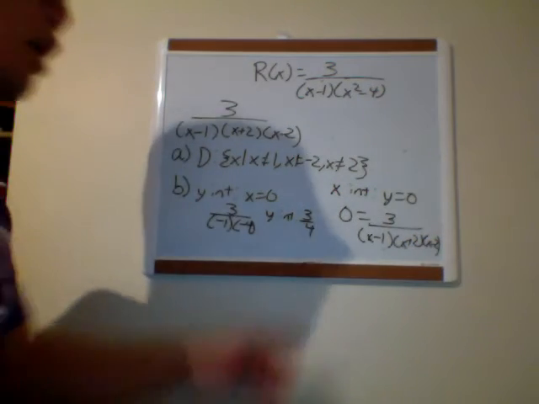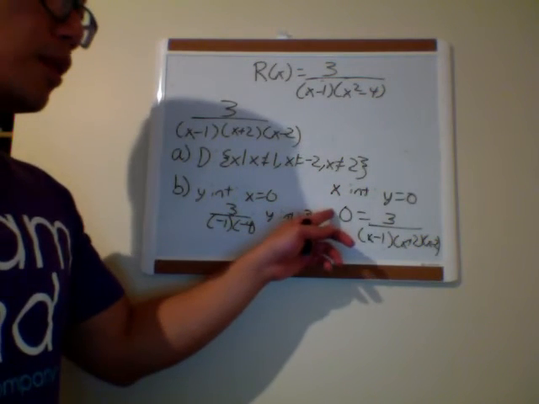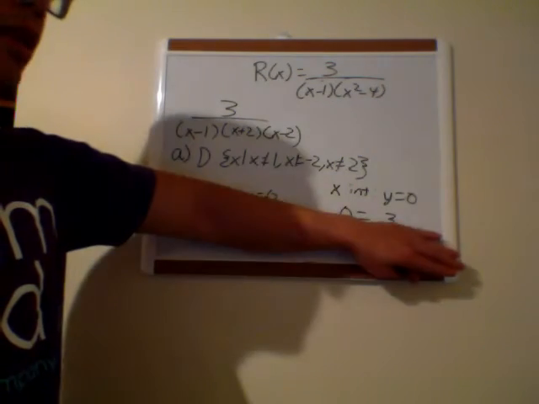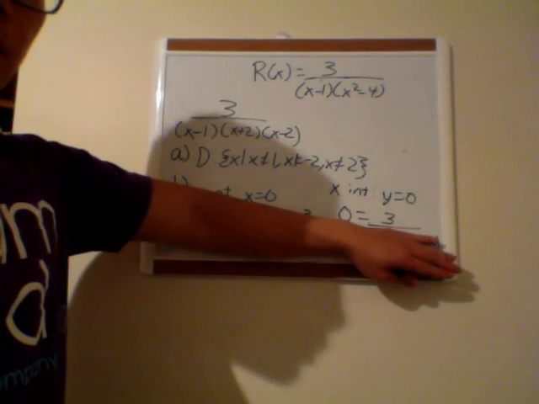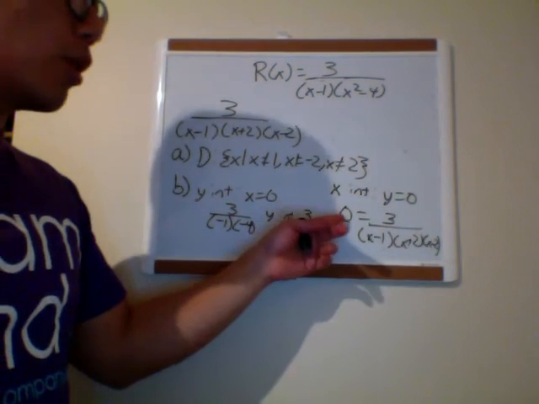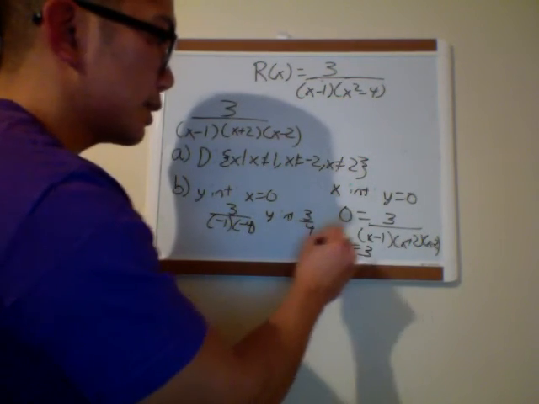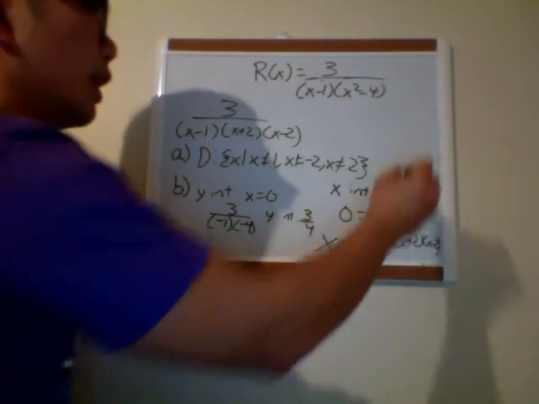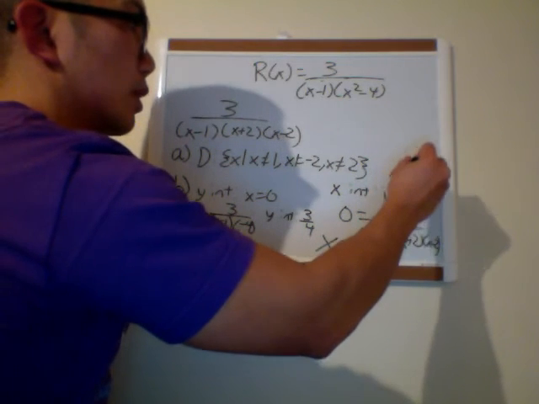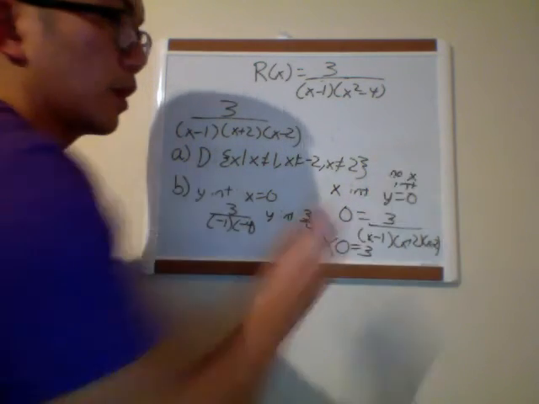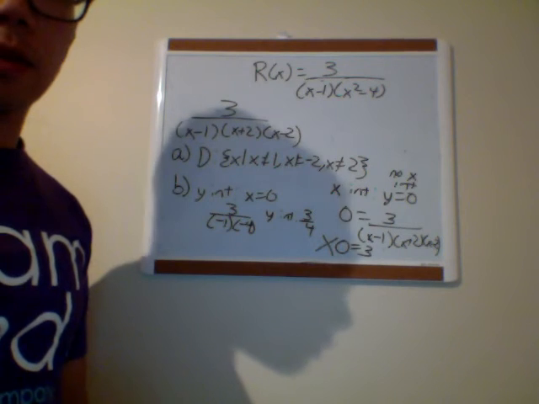Now, however, to find when y is 0, we could just eliminate the denominator, and we'll get 0 is equal to 3, which does not make sense, so we have no x-intercept. There is no x-intercept.